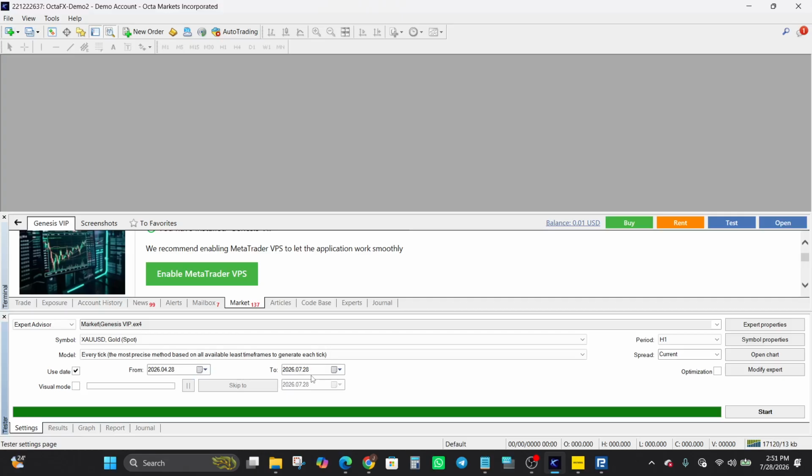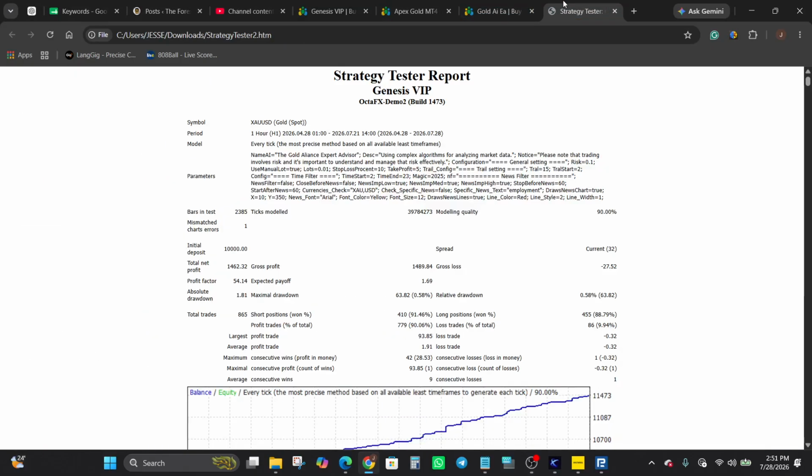Let's just go to the tester report. Looking at the settings used, it ran with a fixed lot size of 0.01 on a $10,000 initial deposit, utilizing trailing parameters and a time filter, while the news filter was turned off for this specific run.